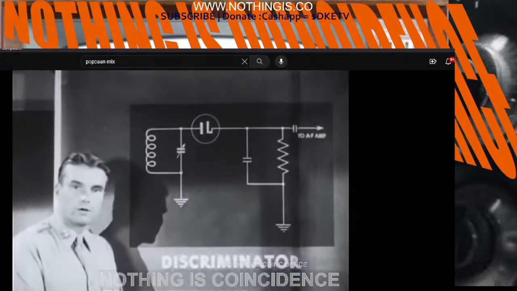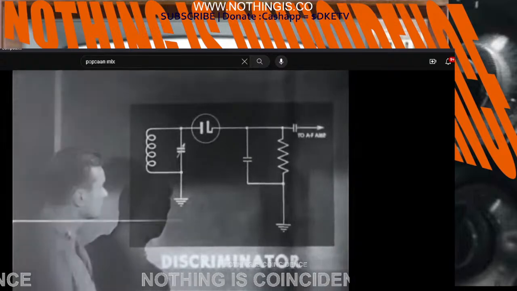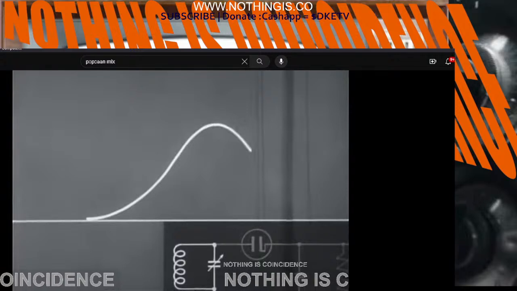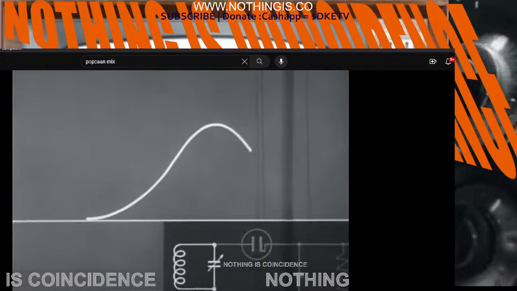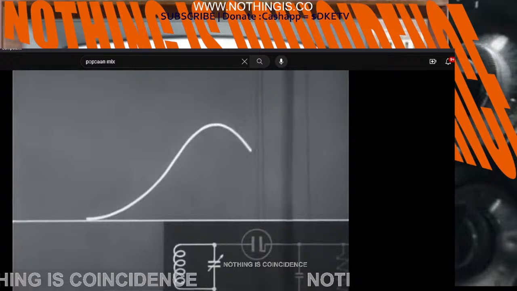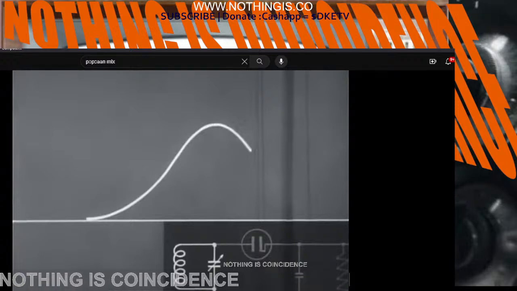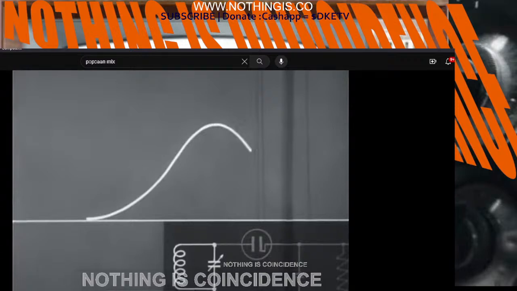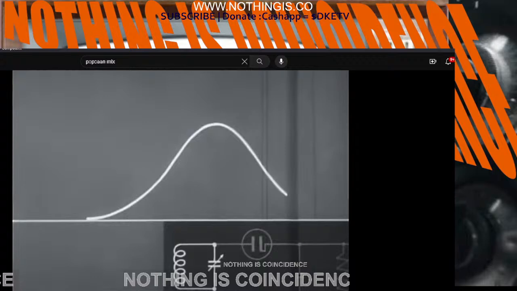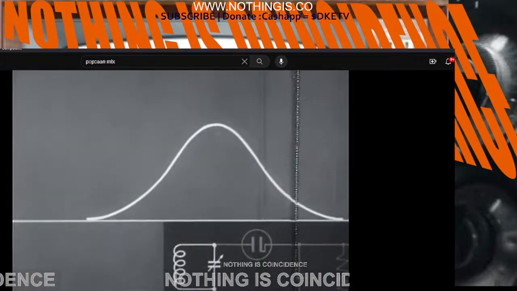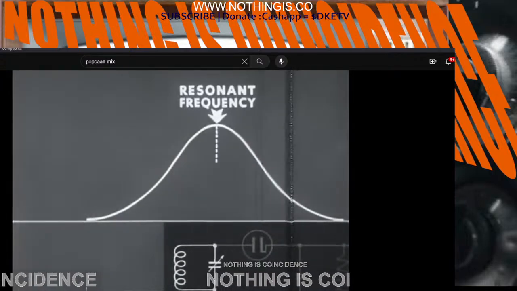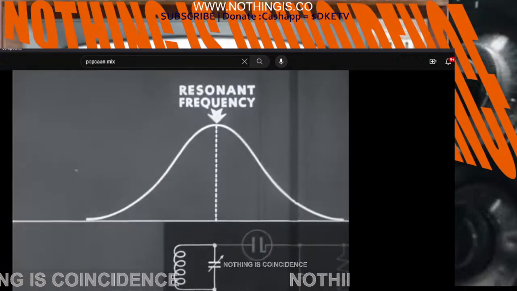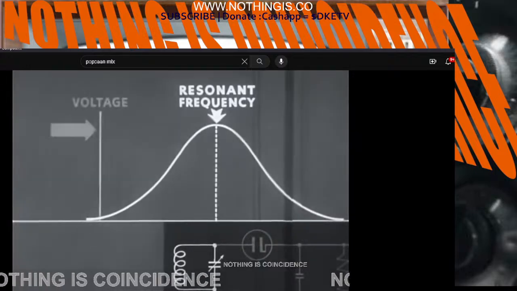Now let's see the response curve of the tuned circuit. We'll say its resonant frequency is here. Now, here's a line that represents voltage, varying amounts of it.